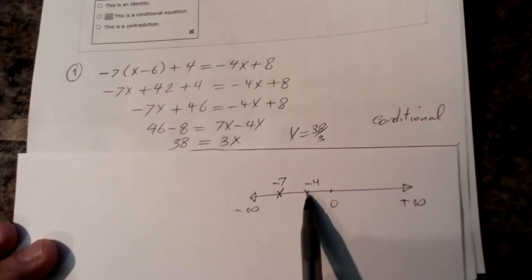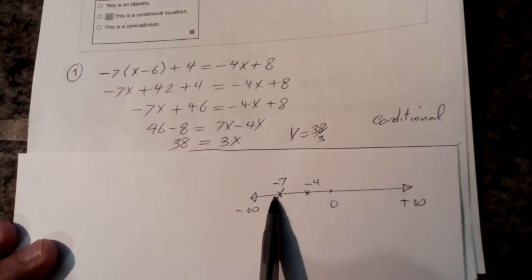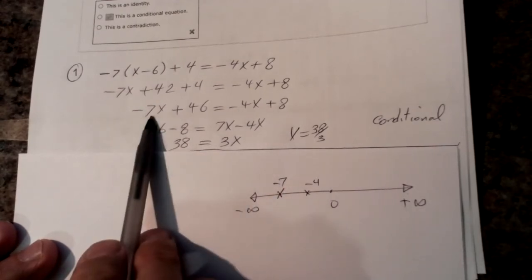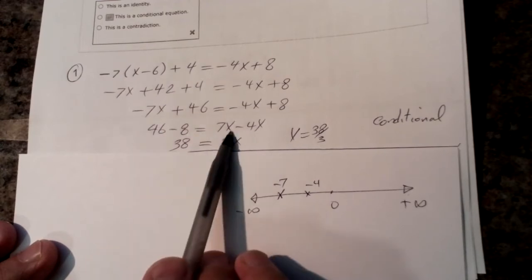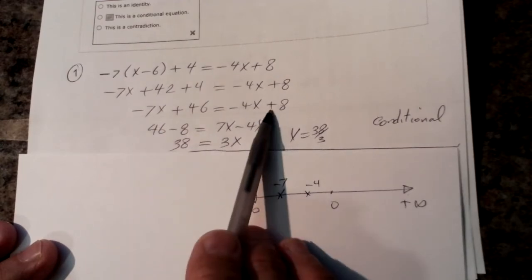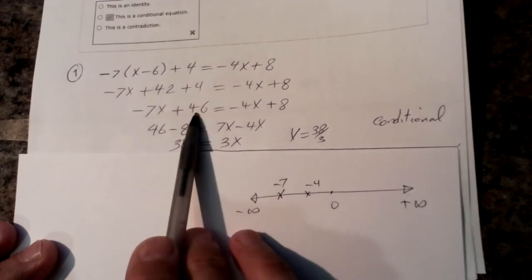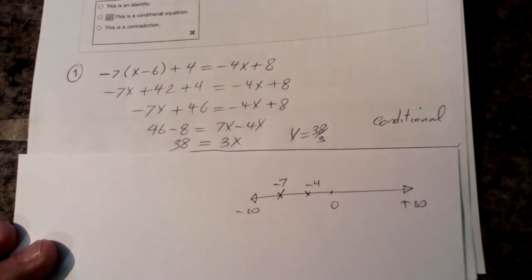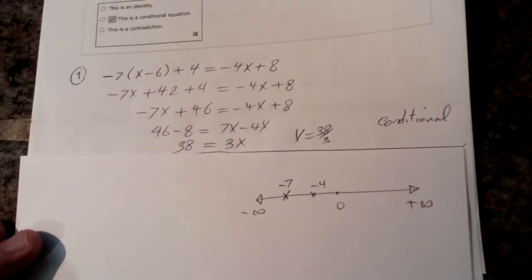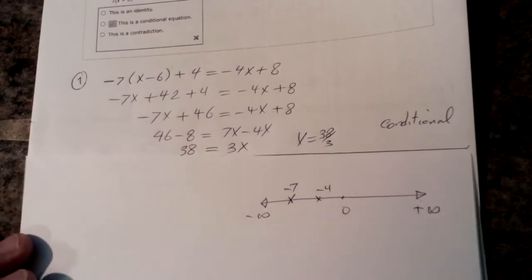So -4 is larger than -7. In that case, I move -7 to that side. So -7 becomes +7. And I want to collect all the numbers on this side. So +8 becomes -8. When you solve it, x is 38/3. This is conditional. Why? Because you come up with the answer.